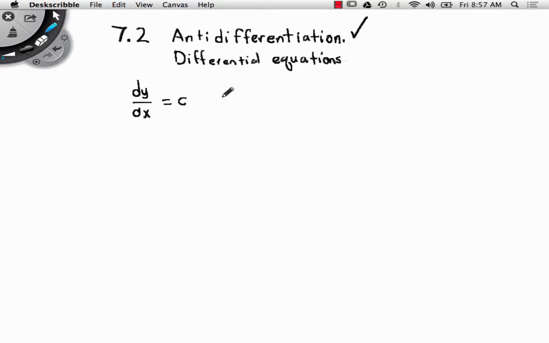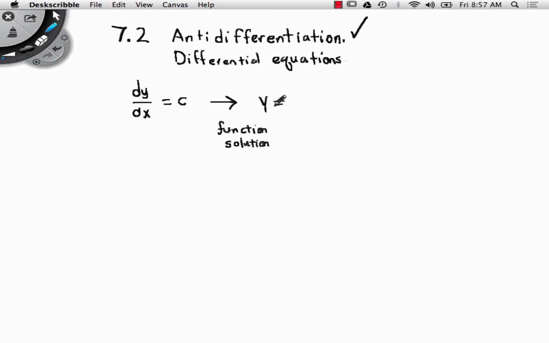This is a kind of differential equation. It has a solution, and the solution to this equation is a function, y, right? The solution will be y, but what will y equal?